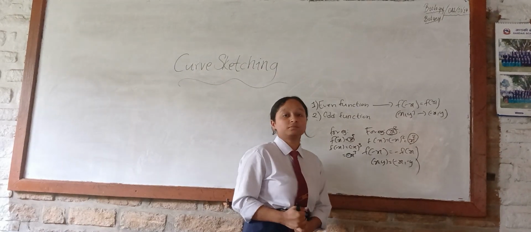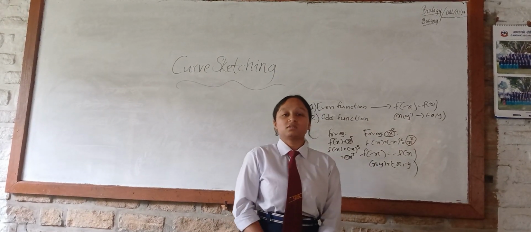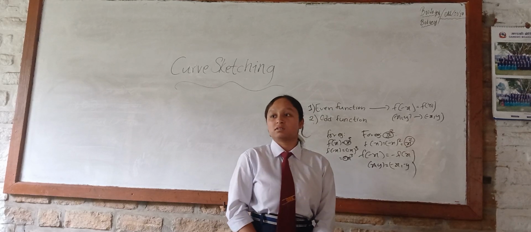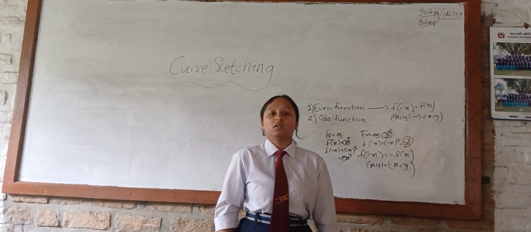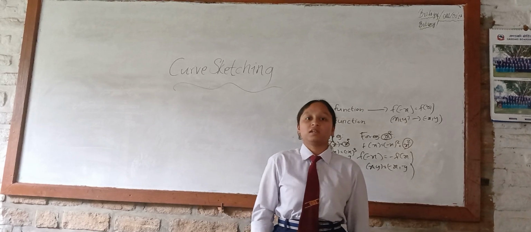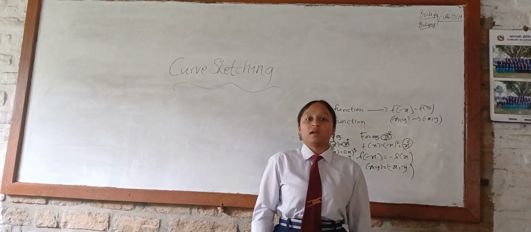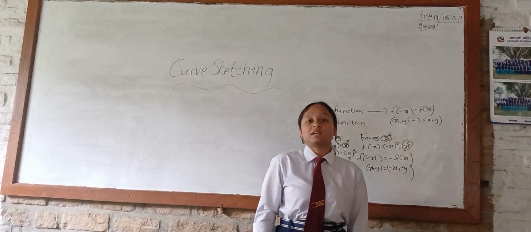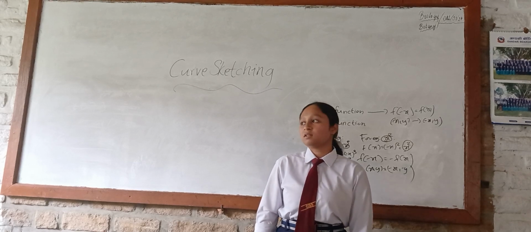There are some properties of even and odd functions. The product, sum, and quotient of even functions is an even function, and any constant multiple of an even function is also an even function.